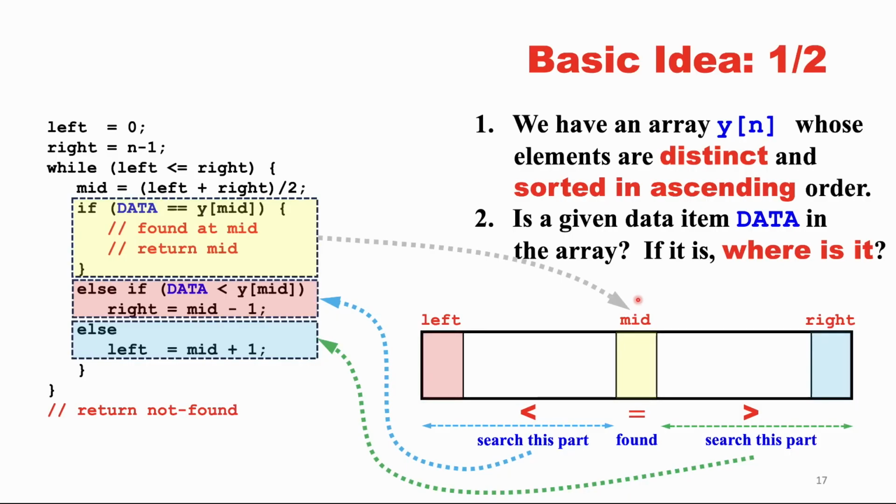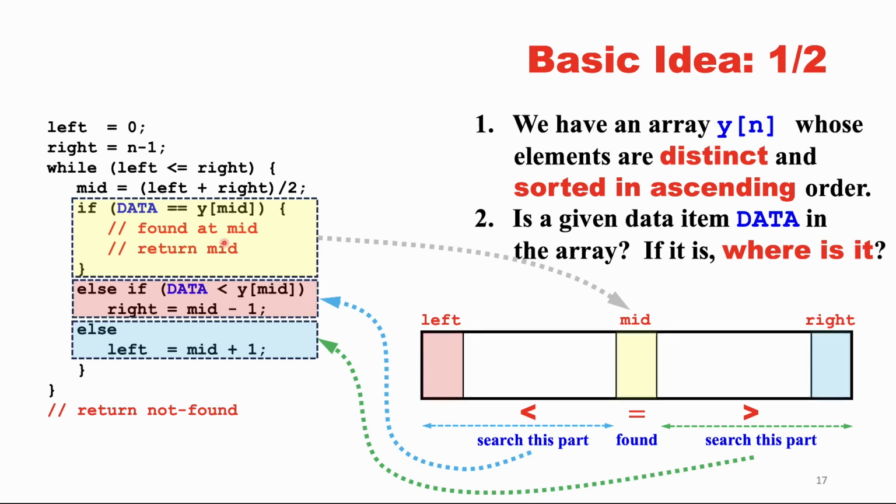Okay, that is it. Let's say Y is here. Initially, left is 0, right is n minus 1. Every time, as long as left is less than or equal to right, we compute the mid element. That's Y mid. Then we compare the given data against Y mid. If we have found that, return mid.